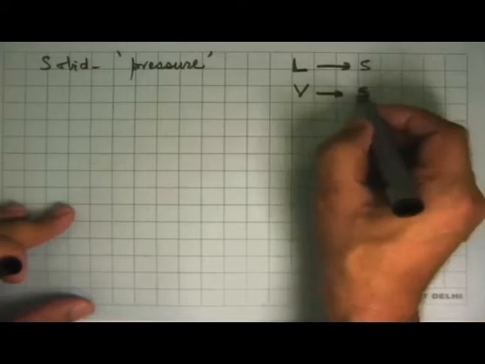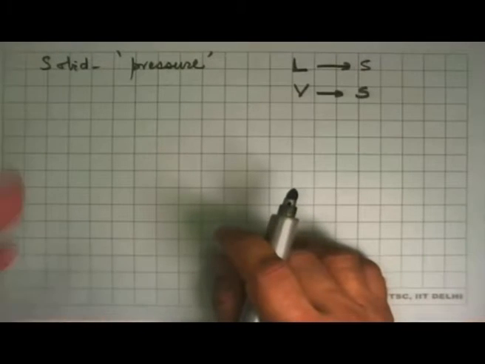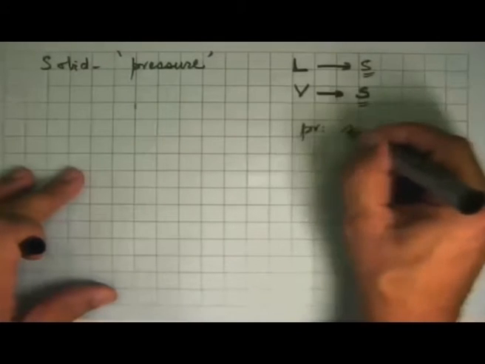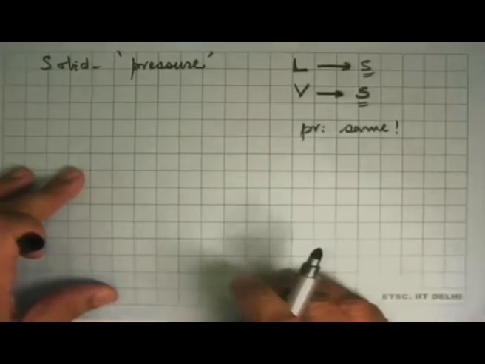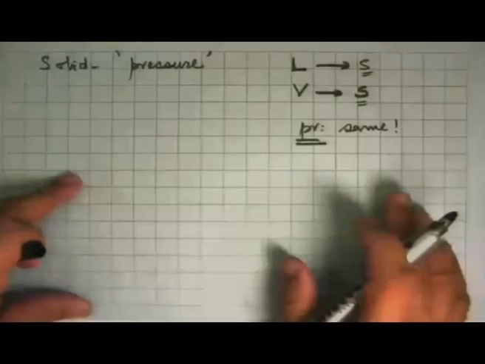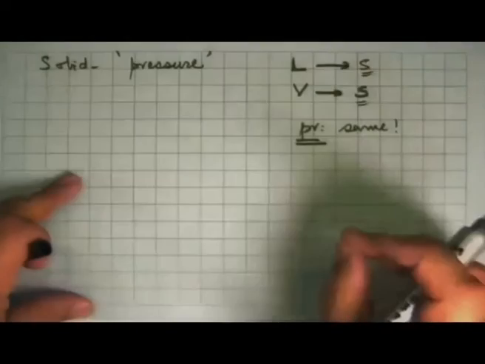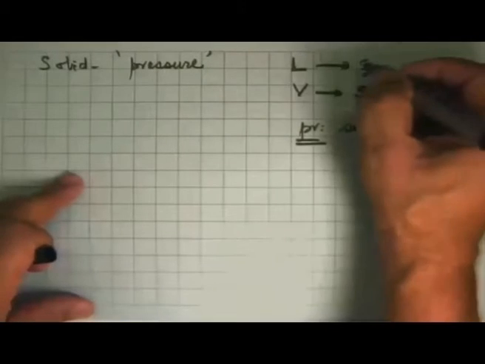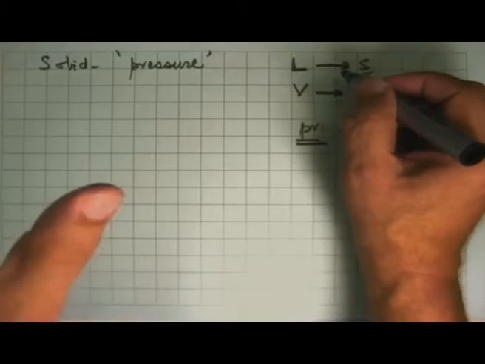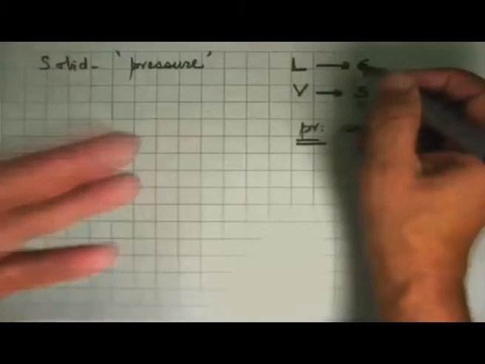The moment these substances start becoming a solid, at that point where they have become a solid, the pressure everywhere in the solid is going to be the same. But we know from our knowledge of solid mechanics and stress analysis that pressure is not defined for a solid. So the only thing that we can say then is that if the solid was made at a particular pressure, only at that temperature the pressure inside will be equal to the stress inside, which is the same pressure.